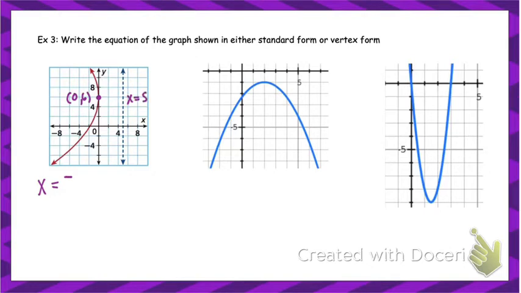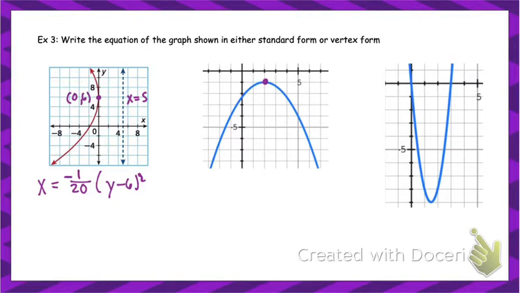So the distance between those two things is 5. So it's going to be 1/4p, so that's going to be -1/20. Again, it's negative because it opens left. Then remember, it's y minus 6 squared, and since my h value here is 0, it'd be plus 0 at the end.